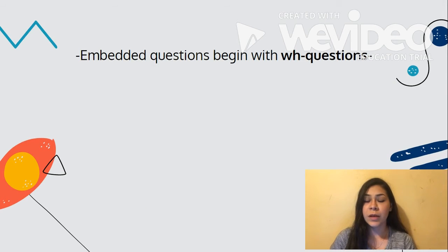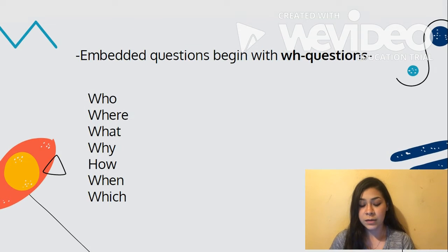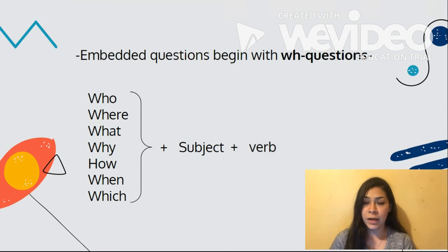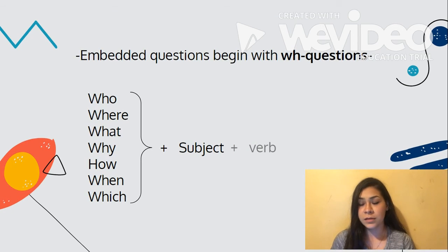Embedded questions begin with WH questions, like, for example, who, where, what, why, how, when, and which. So, these WH questions plus subject plus the verb make a noun clause.